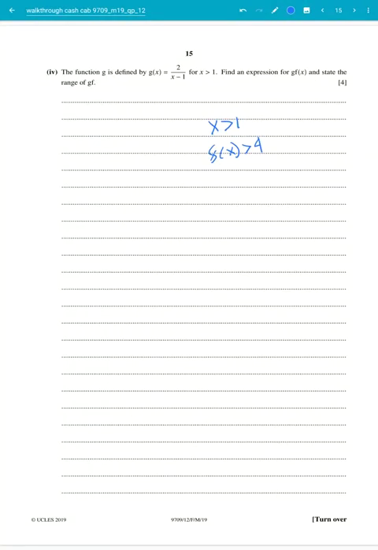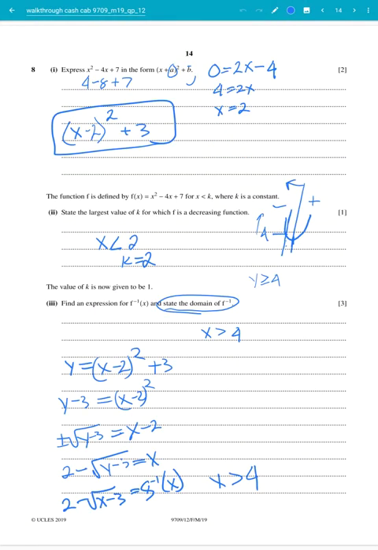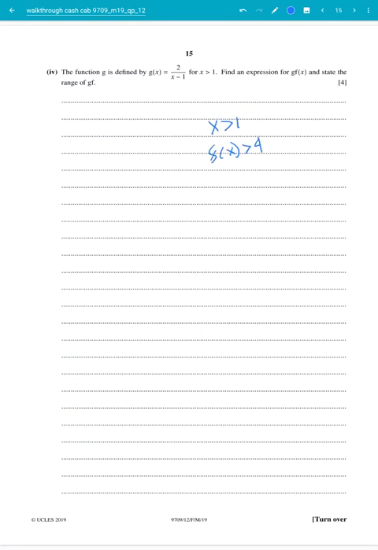So what was f of x? x minus 2 squared plus 3. So that's the original. And it's f into g of x, so g of f of x is 2 over x minus 2 squared plus 3 minus 1, which then is 2.